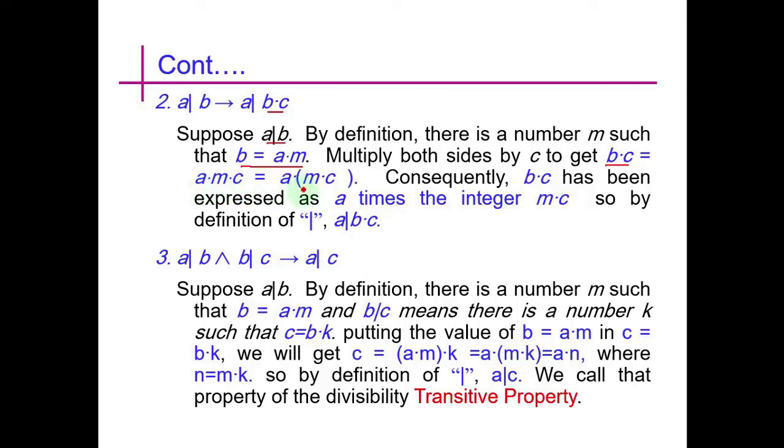Since these are integers and the associative law of multiplication is valid in integers, m and c can be combined to form an integer. So here we get m dot c, which is an integer, and now we can see that b dot c is written as a into some integer.